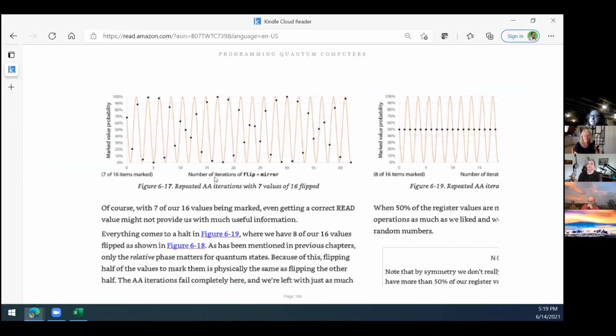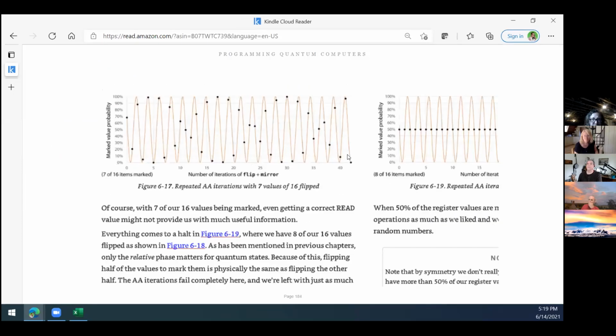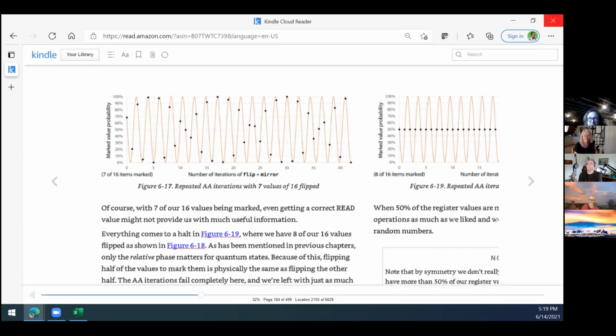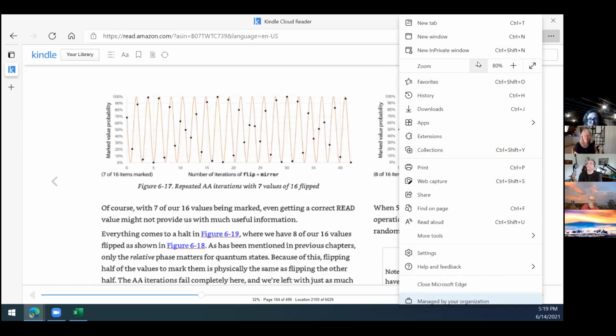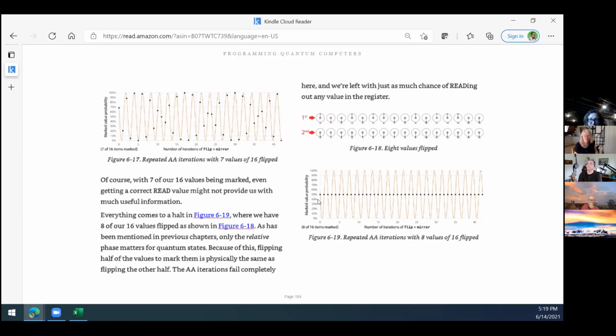Okay, so if we look at this chart, hold on. It's hanging off the screen over here. So here, 8 items marked, the chance of getting a marked value is 50% all the way across.